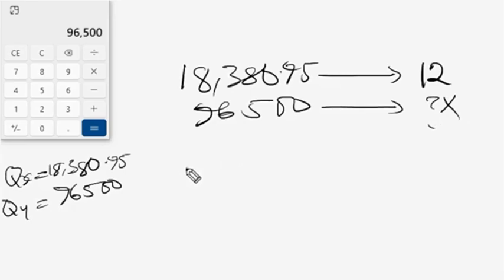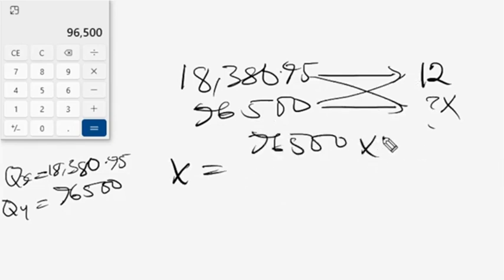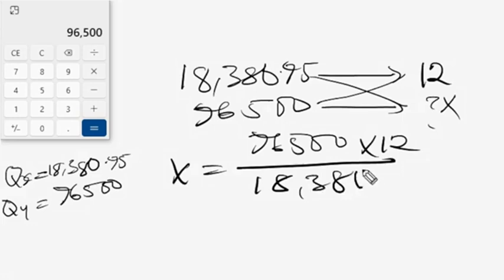So we are going to have our x to be, when we cross this, 96,500 times 12, and this over 18,380.95. So guys, let's go ahead and calculate this. This times 12, now divided by 18,380.95.